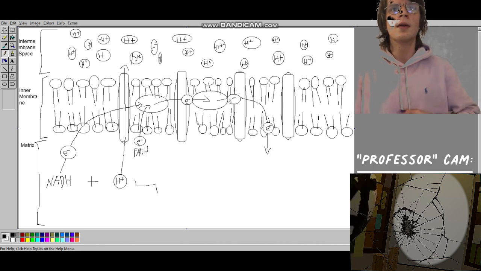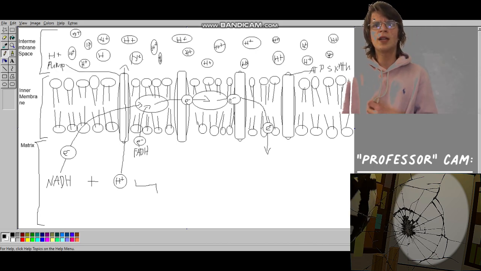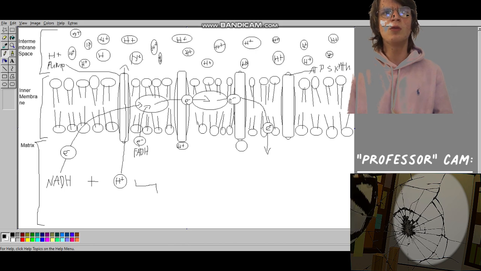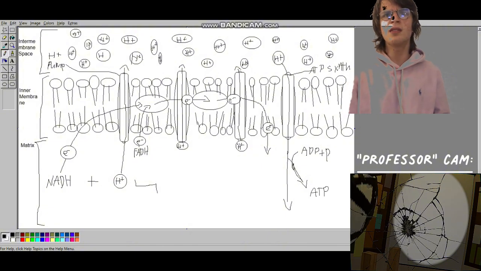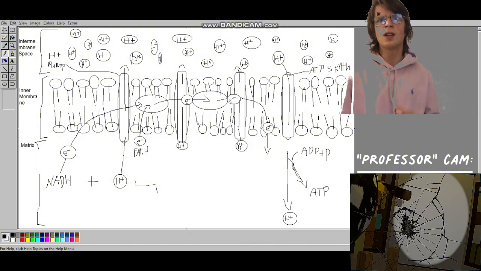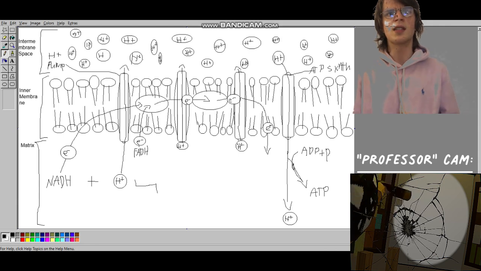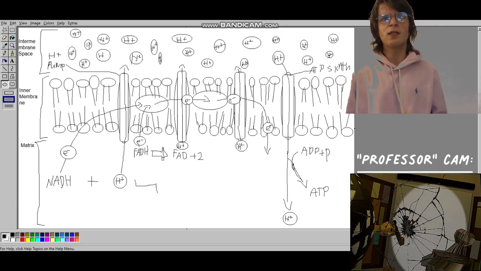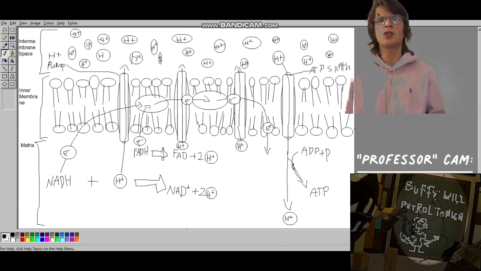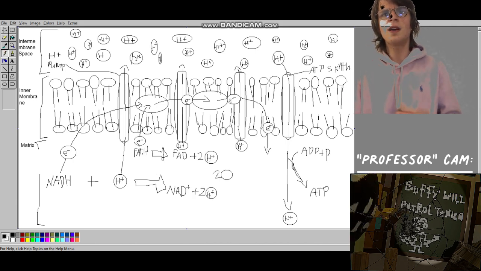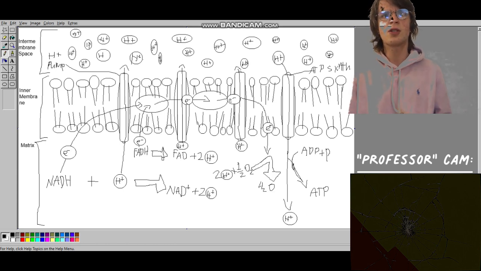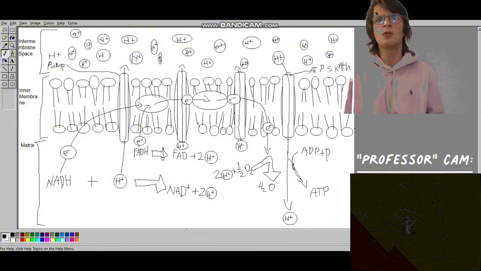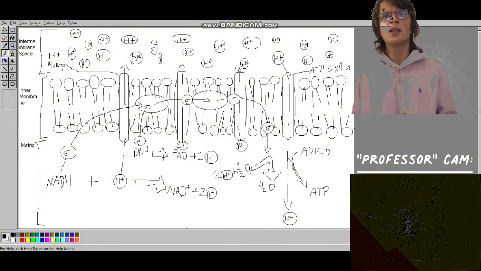These pumps create a proton gradient, which results in protons moving through ATP synthase by facilitated diffusion, and this gives the energy to phosphorylate ADP to make ATP. Then, at the end of the ETC, the electrons are taken by the final electron acceptor, which grabs the 4 electrons along with 1 oxygen and 4 hydrogen ions to produce 2 water molecules. This is the reduction of oxygen.